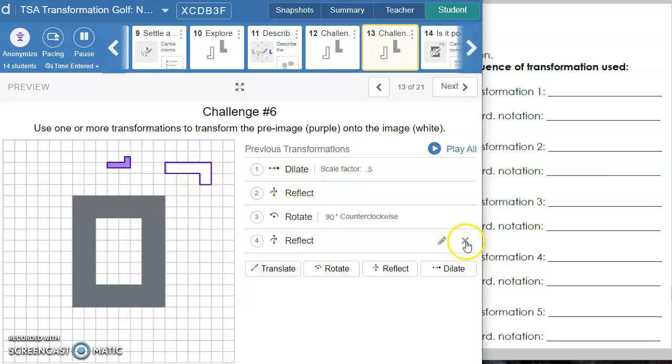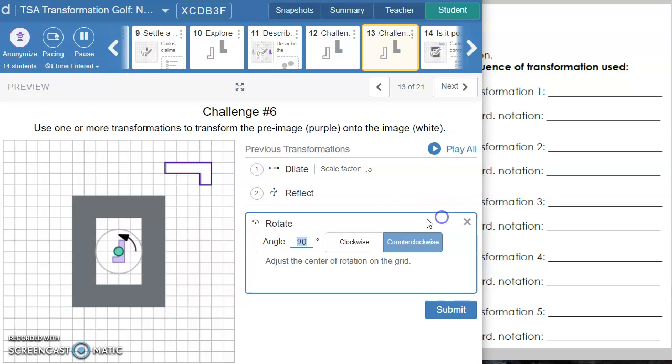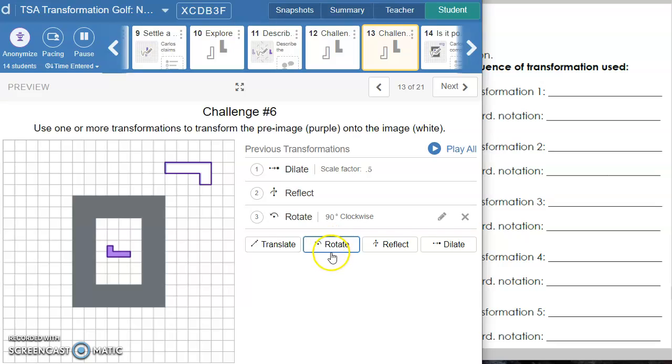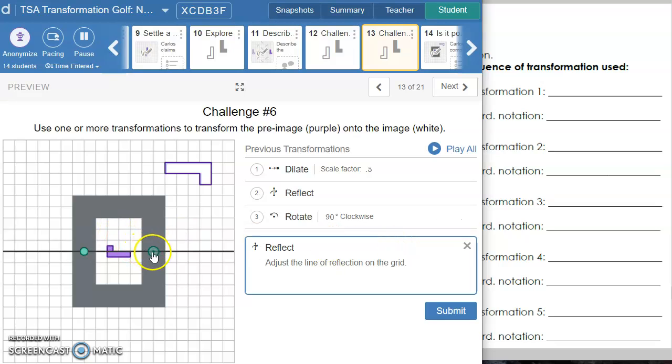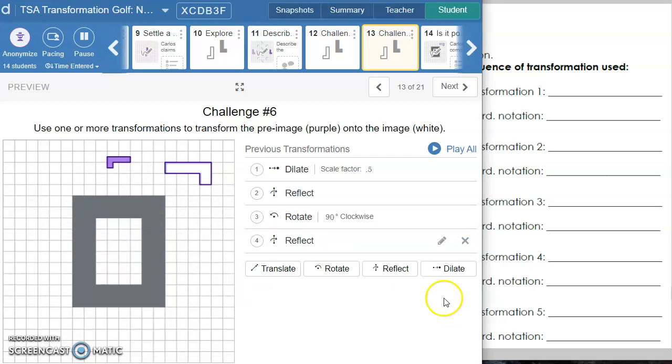So maybe if I change how I do that and rotate it some different way, let's try clockwise instead. What happens if I then reflect it out? Okay.